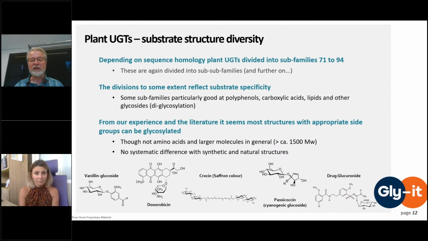Dhurrin is a so-called cyanogenic glucoside from a plant in nature. It is a defense storage compound. If the glucose gets cleaved away, the aglycone deteriorates to give out cyanohydrin. And finally, an example of a drug glucuronide, as it will look after a trip through our body.